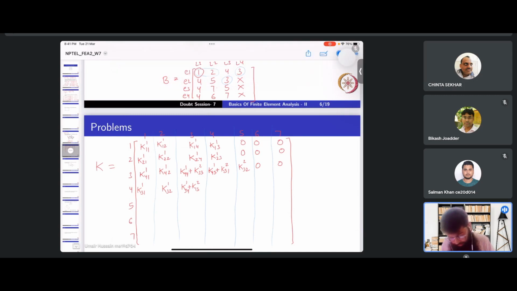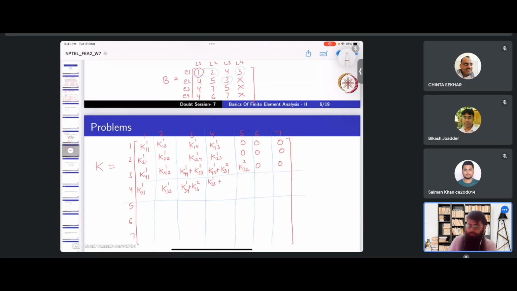We need more space to write this. So 44 first of all comes in element 1 and it's at local node 3, so K33.